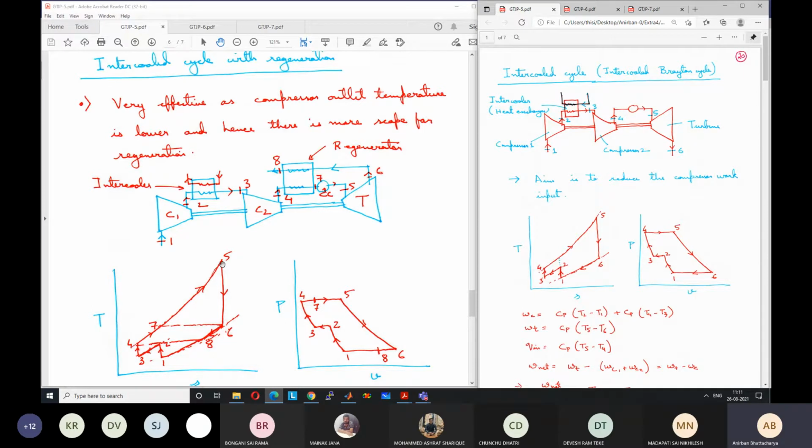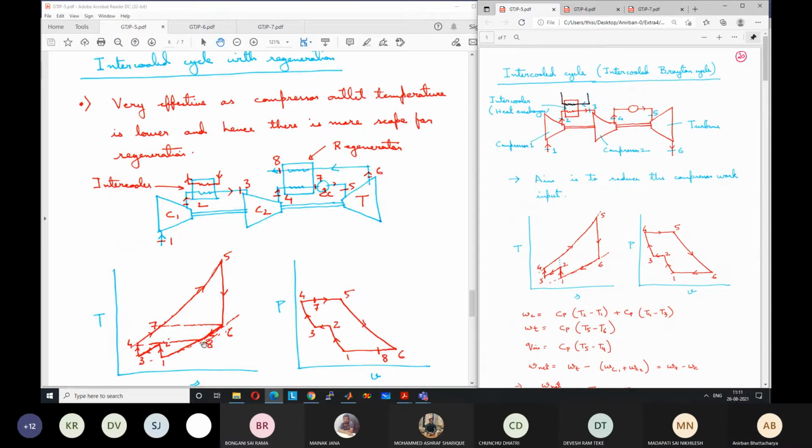So this is the change that has occurred as compared to the simple intercooled cycle. And then the rest is again similar. 5 to 6 is the expansion in the turbine, and then 6 to 8 is the heat removal from the exhaust gases, which occurs due to the heat exchange in the regenerator.